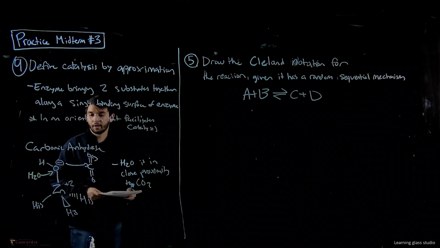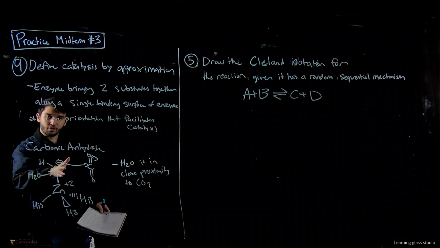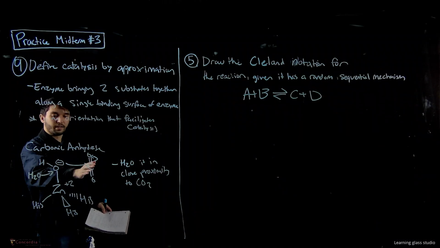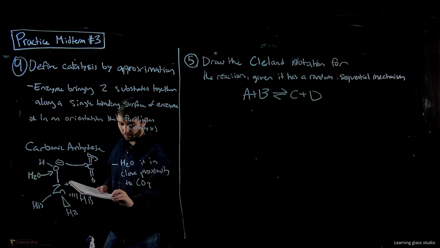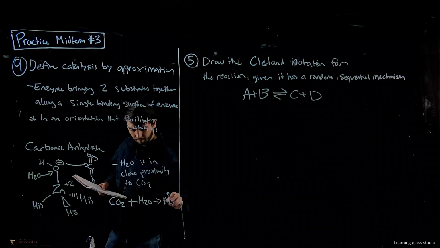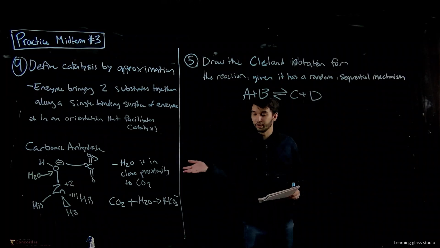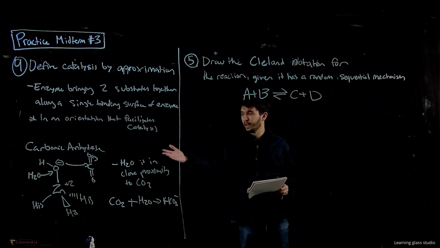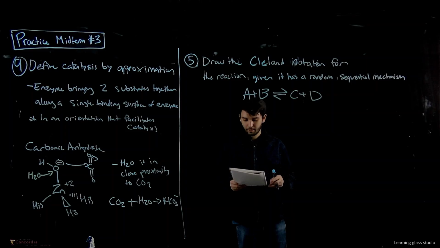So essentially here, they're being brought close together and the oxygen is nucleophilic, so that can do an attack on the carbonyl in the CO2. And just as a note, the end goal of this reaction is that carbon dioxide plus water form bicarbonate, HCO3 minus. Okay, so we'll discuss carbonic anhydrase a little bit more later, but that's just the base mechanism. It's an example. Generally in an exam, you want to give an example for this kind of question.